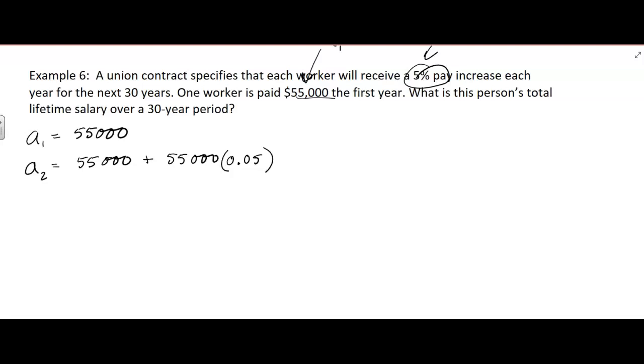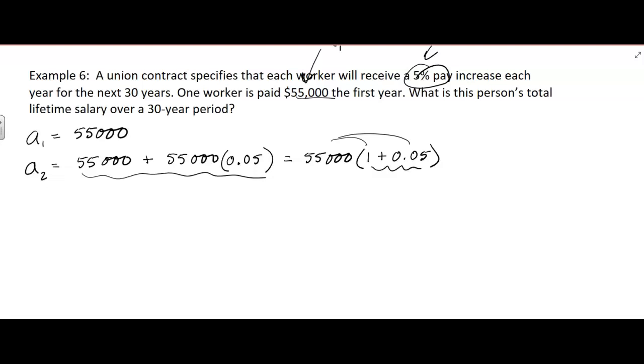Now, another way you can write that, if you factor that out, you'd have 55,000 times 1 plus 0.05. Okay, so think about factoring here, taking out the 55,000, right? 55,000 times 1, 55,000 times the 0.05.